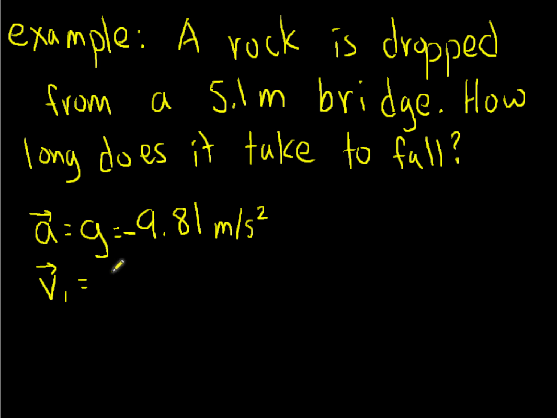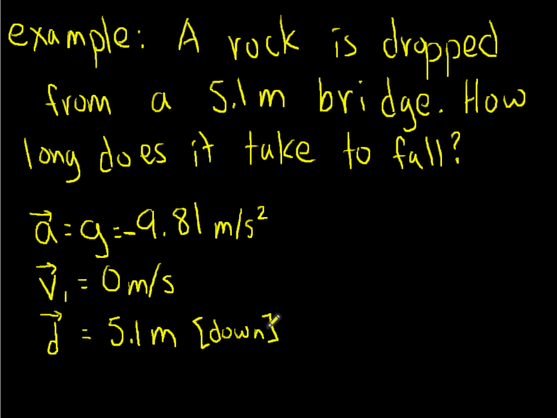Vi is 0 meters per second. The displacement is 5.1 meters, and it falls down. We have to be really careful to notice that this direction is actually down. It goes from a higher location to a lower one.